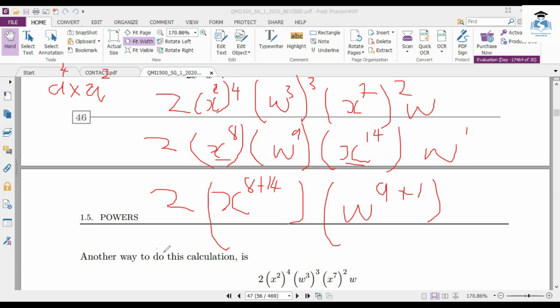So it will be 2x to the power 8 plus 14, which is 22, and w to the power 10. That will be your answer. So don't be confused.